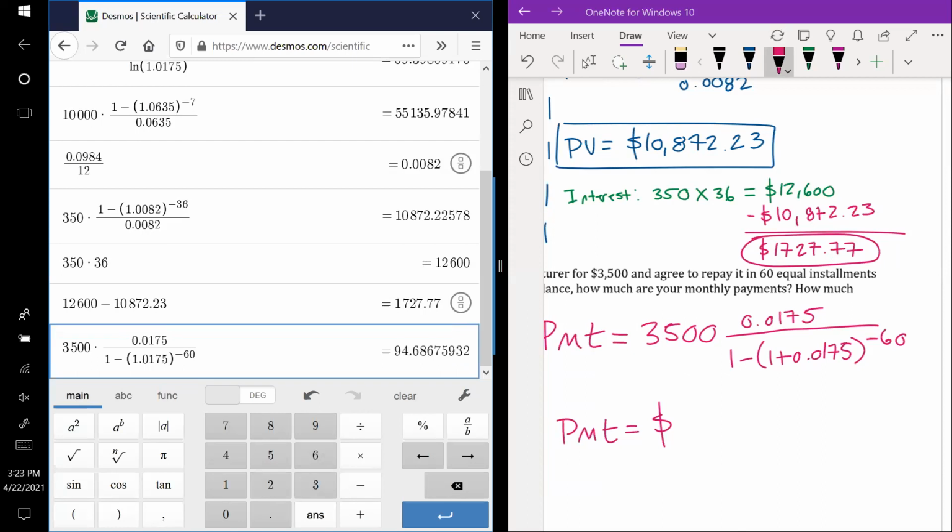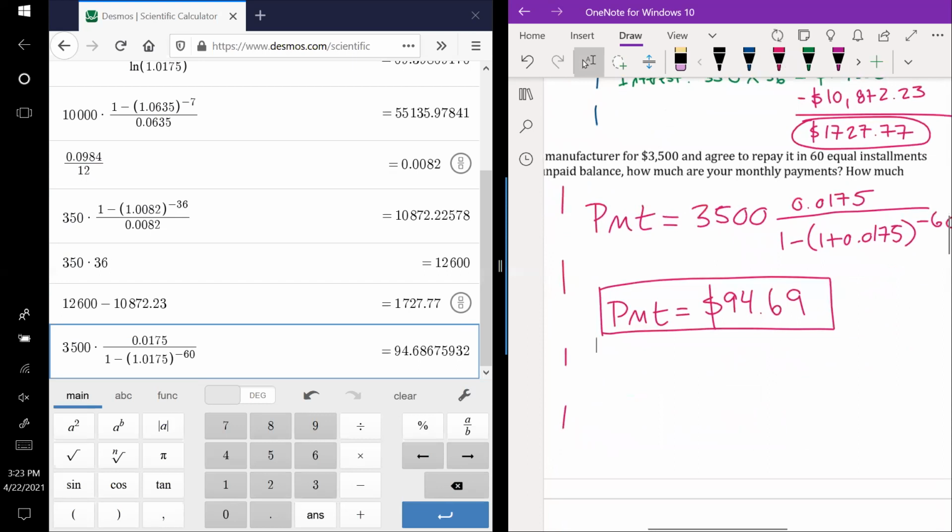And if we buy this computer for 3,500 at the agreed interest rate, and for 60 equal installments, we will be paying $94.69. That's not bad for a computer payment. It costs that much.